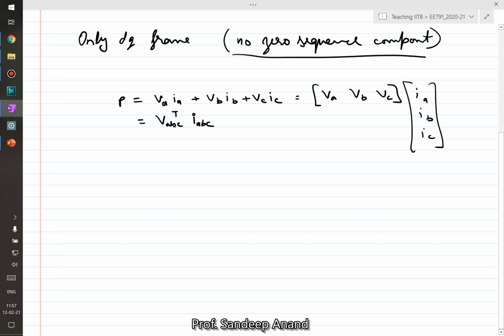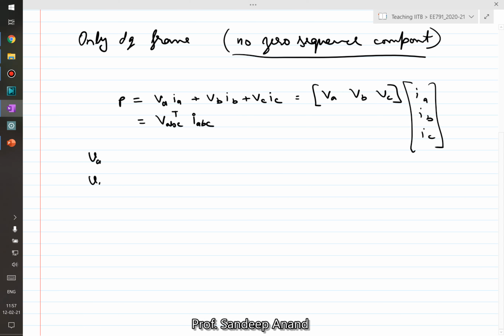Now let us see how V ABC depends on the DQ parameters. We have already seen the transformation before, so let me just use that same transformation and rewrite it here.